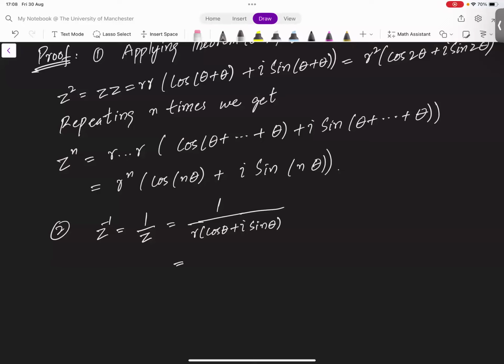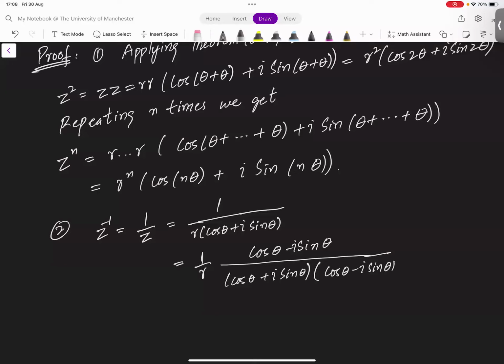And this I can write further as 1 over R, by rationalization, we can write 1 over R into cos theta minus iota sine theta divided by cos theta plus iota sine theta into cos theta minus iota sine theta.